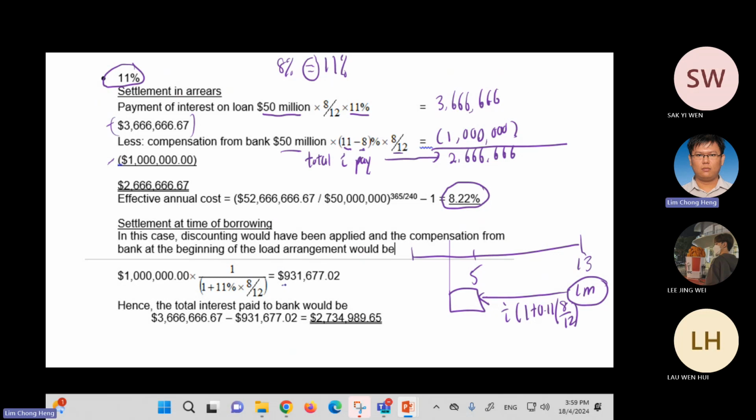Then you will get the answer. You will get compensation of 931,000 from the FRA seller. And then in this situation, this is the total interest you pay. Then what is your cost if you settle early? Then you calculate the effective annual cost. Simple, huh? Easy, huh? Any question?